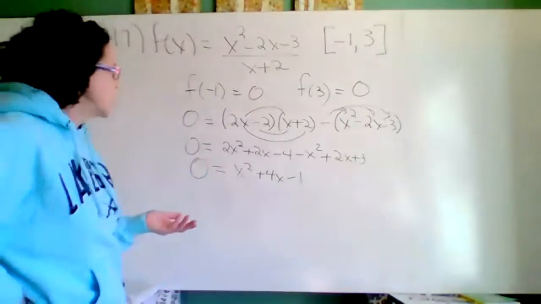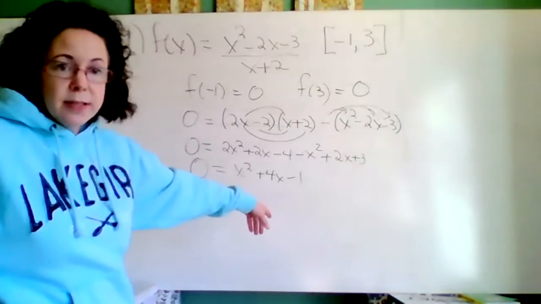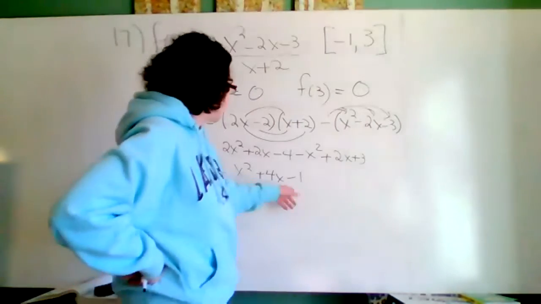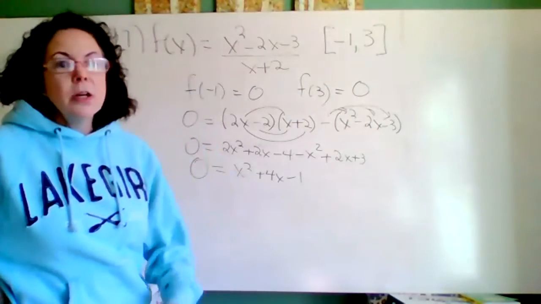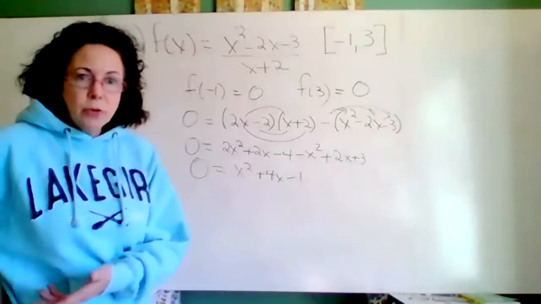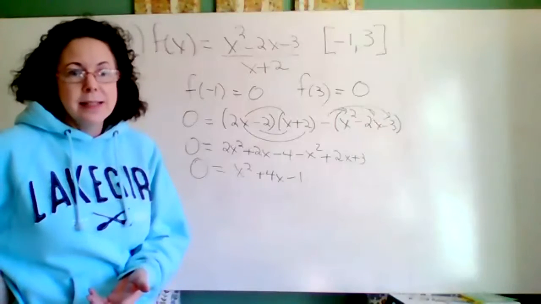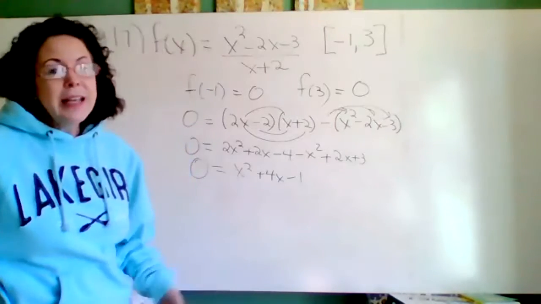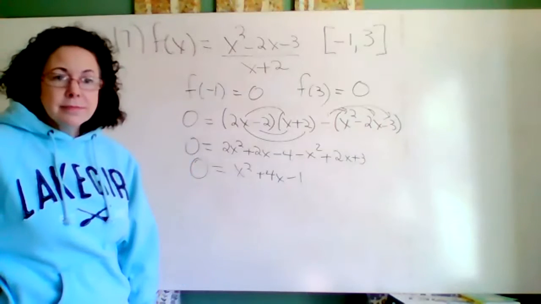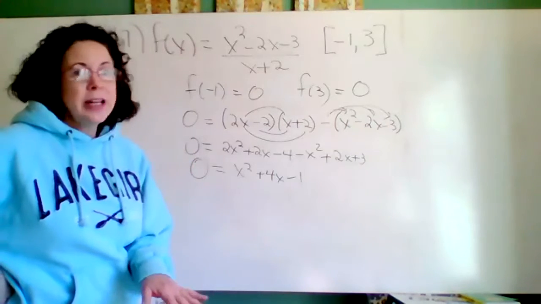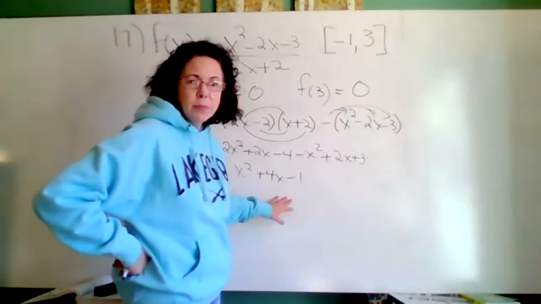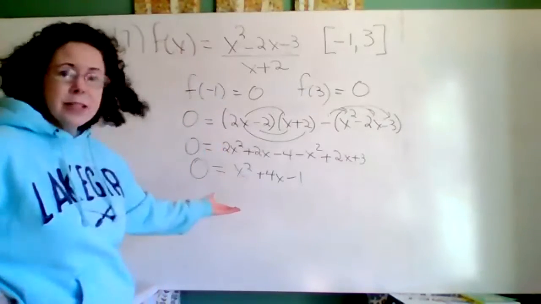Okay, so here's what's going on. Normally we would factor this, right? But there's not two numbers that multiply to -1 and add to 4. So what do you do when you have a quadratic and you're trying to find the x's that make this true? It's the quadratic formula. Every now and then that happens on the AP exam where this turns out not to be factorable, but how do I find the x's where that's true?